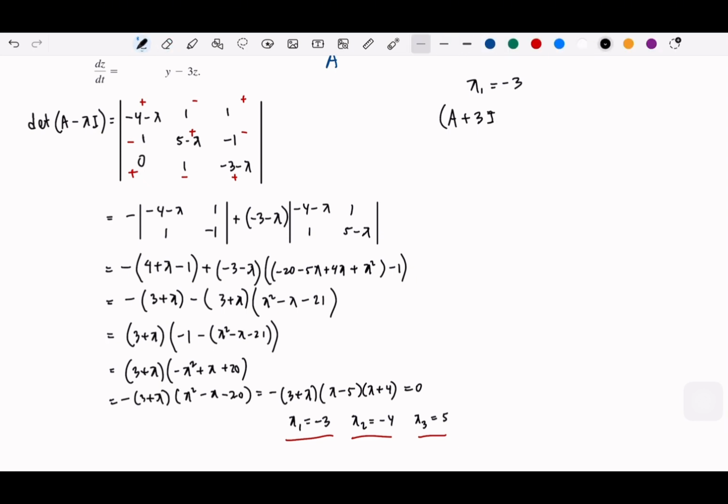And I will put this into the row operations directly. So -4 plus 3 is -1, 1, 1, and then this 1, 0. 5 plus 3 is 8. 1, -3 plus 3 is 0.